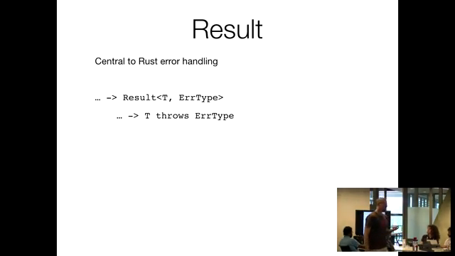And I think it's worth comparing to error handling mechanisms in other languages. If you're a diehard C programmer, then you're probably used to return codes. And result basically works like that, except that you're forced to check it in the same way that you're forced to check for null pointers.